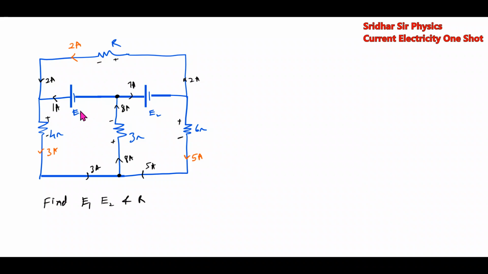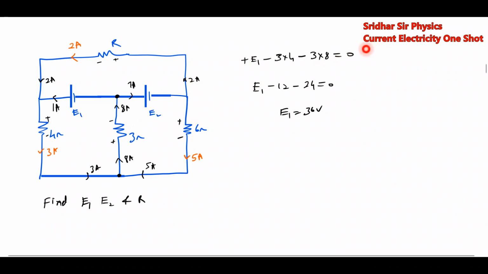First we'll calculate E1. Applying the KVL, plus E1 minus 3 into 4 minus 3 into 8 equal to 0. So E1 minus 12 minus 24 gives E1 equal to 36 volt.